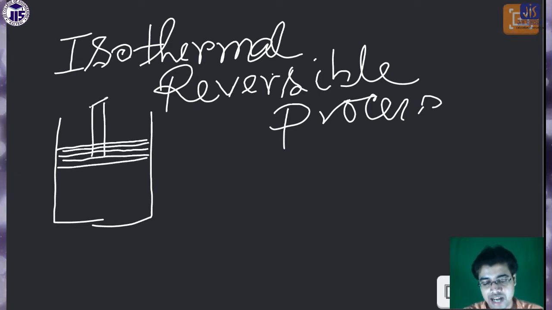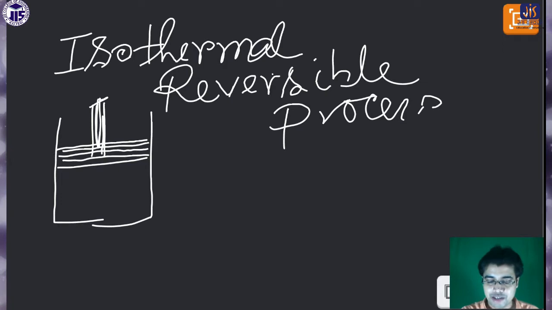So if we take a piston on the gas, then with very little steps, the compression or the expansion of the gas will be possible. You have to keep these things in mind first of all.